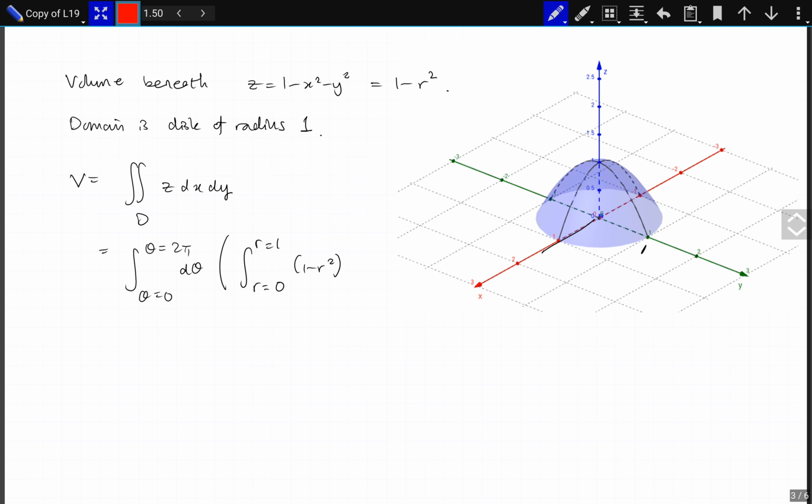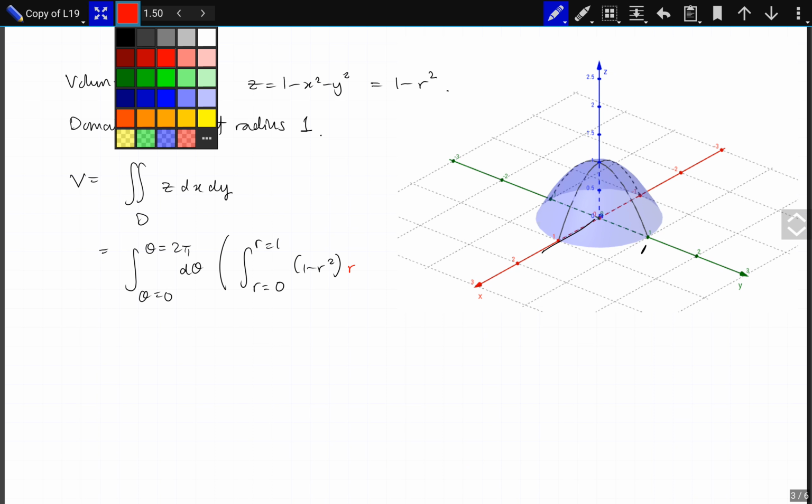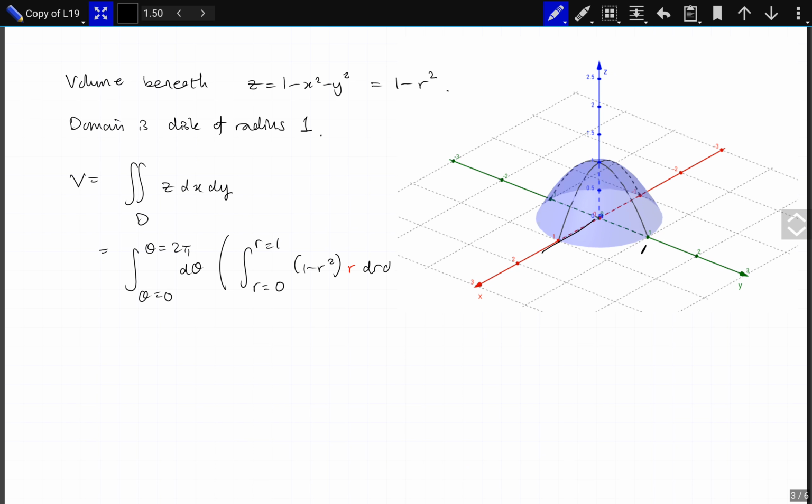And here's that important factor we don't want to forget, r dr d theta. Sorry, I've already written the dr. There we go. And so this is equal to pi by 2 once you integrate this.